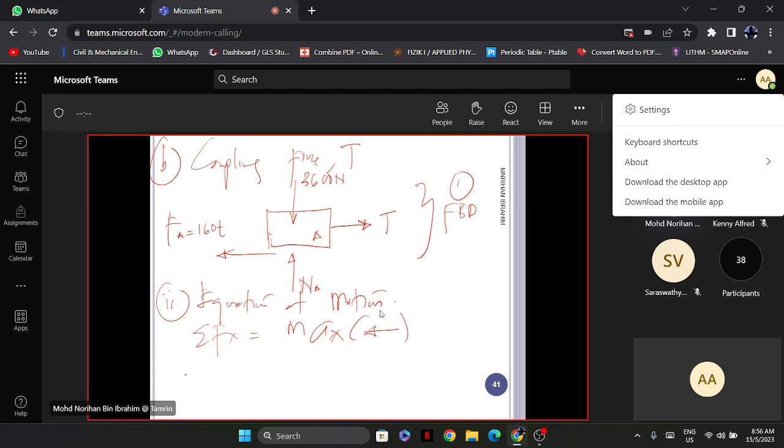So substitute whatever data is jotted down on this free body diagram: 160t minus T is equal to 3600 divided by 9.81, the mass of truck A, multiplied with a_x.